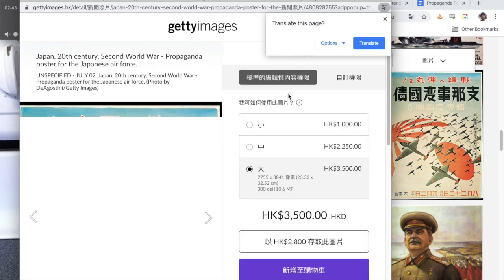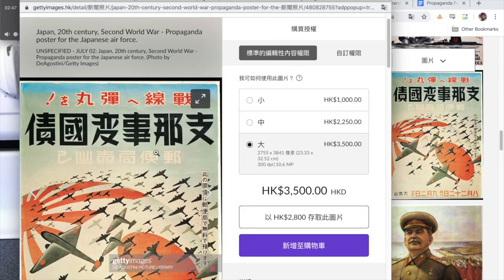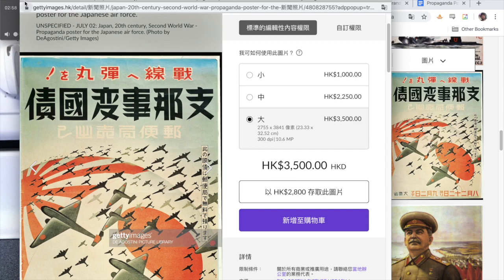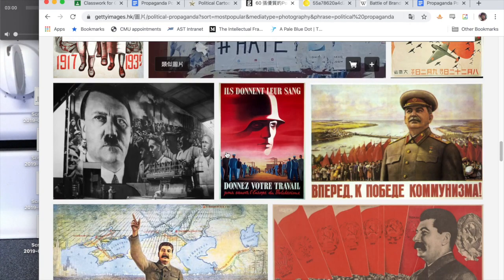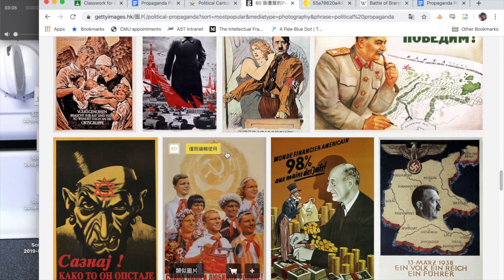Let's see if it's going to give me a big picture. So up here would be the title, and then down here it has more words explaining something else about the picture you're seeing. And in the middle we have a big picture. So something like that is what you are making. Or if you do a different style, that's okay. You just need to talk to me about it.